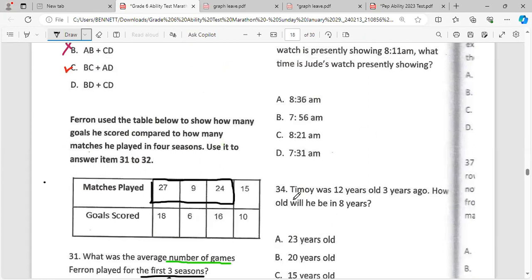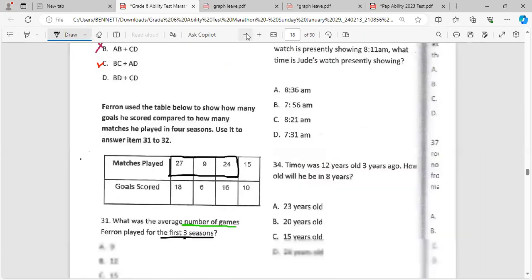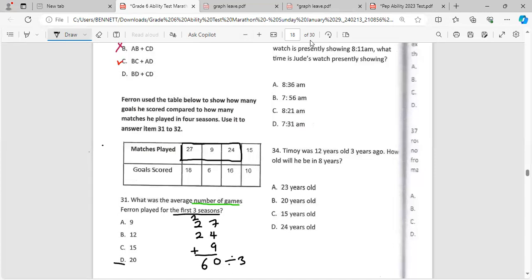So you guys can WhatsApp that one to me. How many goals? Let me shrink it so you can see everything. How many goals if the pattern continues? So what you're going to do is look at the pattern, and then decide how many you think he would score to continue the pattern.